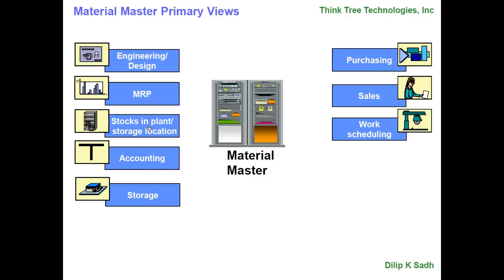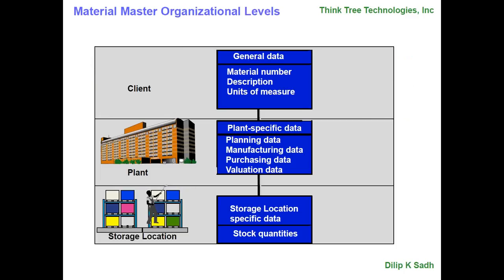We have engineering and design, MRP, storage location, accounting, purchasing, sales, work scheduling, quality, etc. There are many more views, and this brings the centralization of the master data. You maintain Material Master once, and it can be extended to different views, hence it can be used by all those different views.